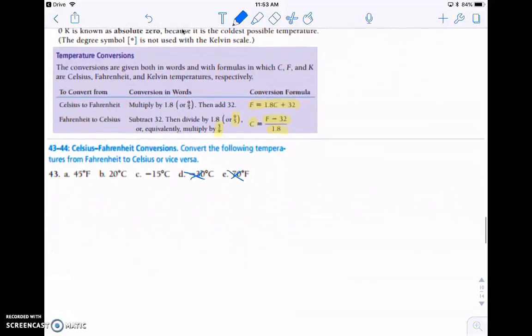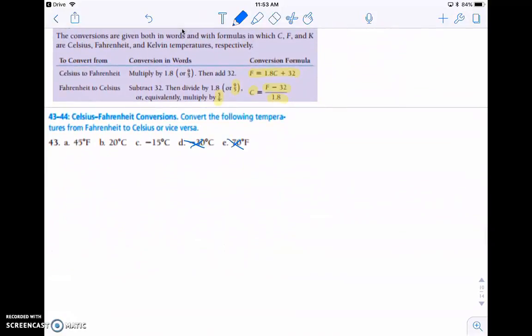We're just going to convert. So we want to convert 45 degrees Fahrenheit to Celsius. So again, we want to go to Celsius. So in degrees Celsius, this is going to be 45 minus 32 divided by 1.8. So it's going to be 13 divided by 1.8.